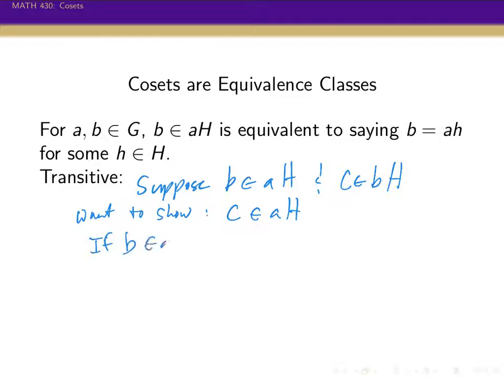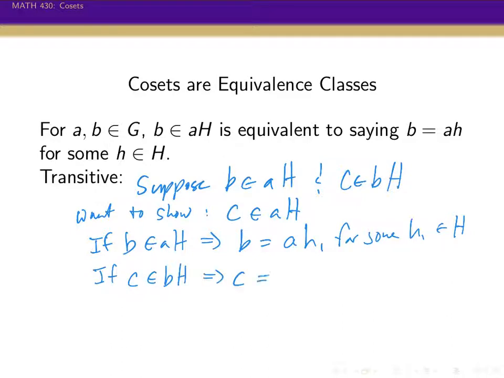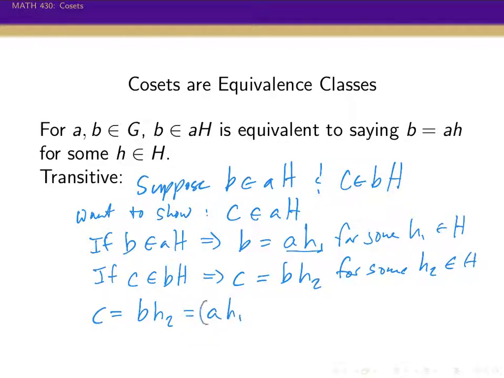If B is inside AH, this means that B is equal to A times h1 for some h1 in H. And if C is inside BH, this means that C is equal to B times h2 for some h2 in H. And so we have C is equal to B h2, but B is equal to A h1, so C is equal to A h1 h2.